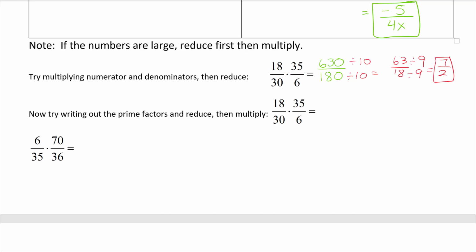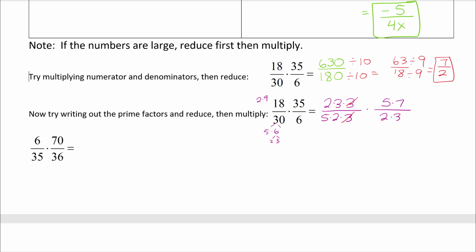So if I write the prime factors out first, 18 is, what is that, 2 times 9, and 9 is 3 times 3. So 2 times 3 times 3. 30, that's 5 times 6. So that's 5 times 2 times 3. 6, that's 2 times 3, and 35, that's 5 times 7. If I write the products out first, instead of getting these large numbers, 630 and 180, if I break it down first, then I can just take anything in the top with anything in the bottom, reduce.